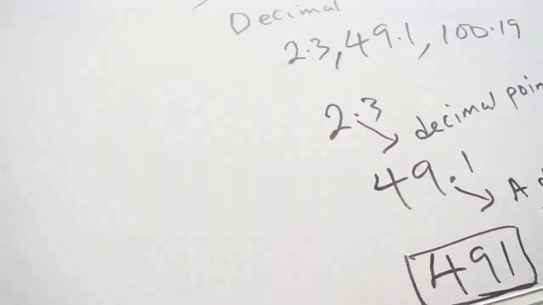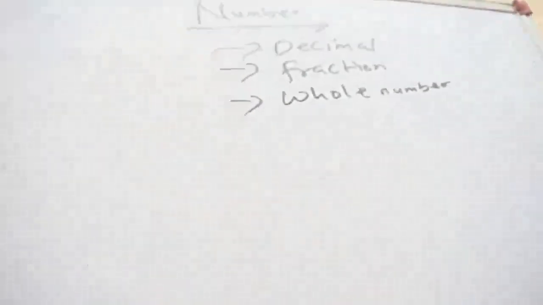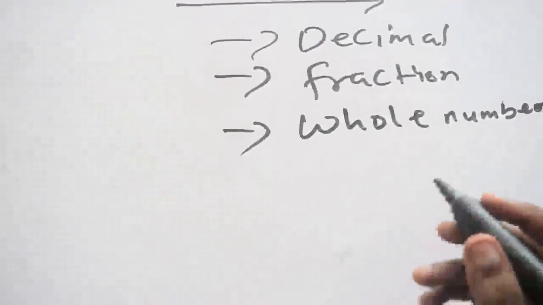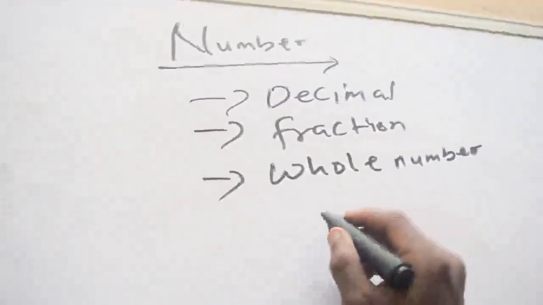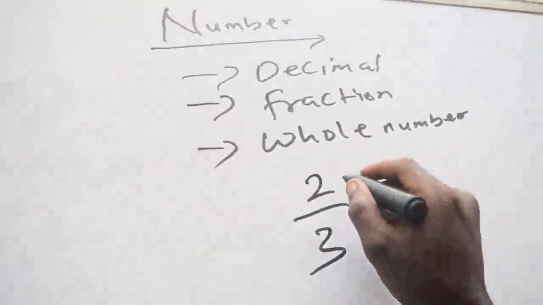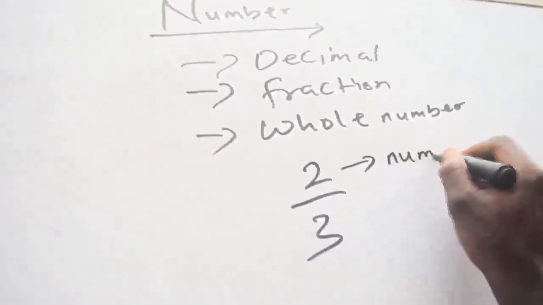Then what happens to fraction? A number is said to be a fraction if and only if that number has two separate parts. If the number has two separate parts, like 2/3, the one above, or the one on top, is said to be the numerator.